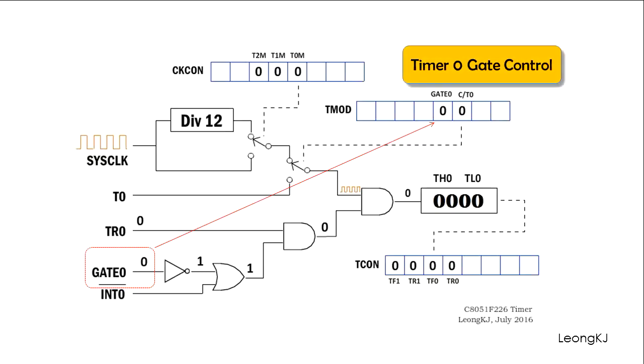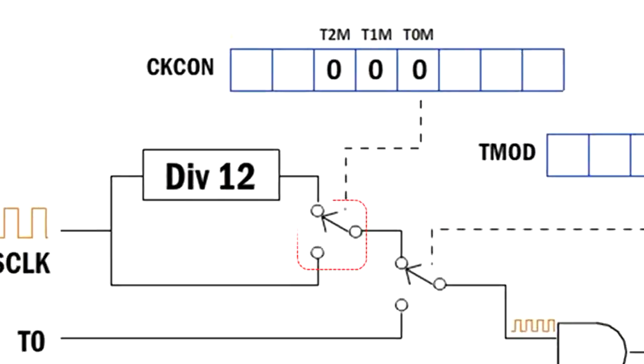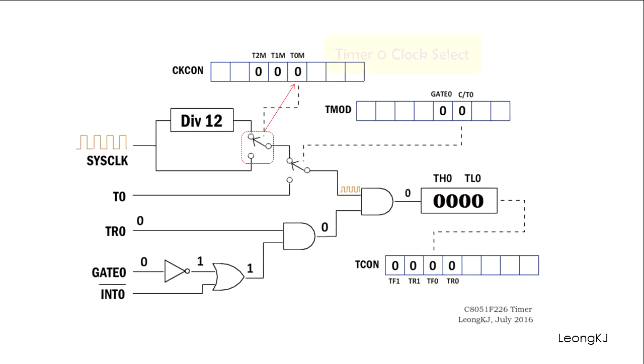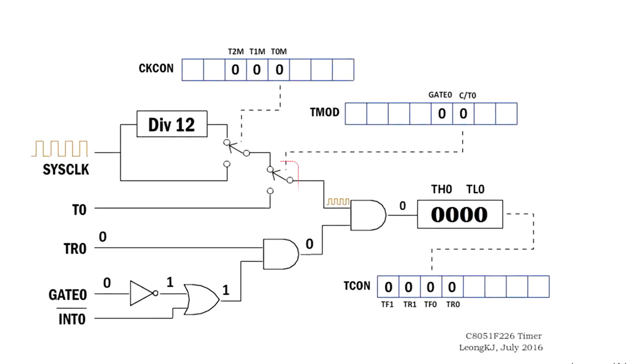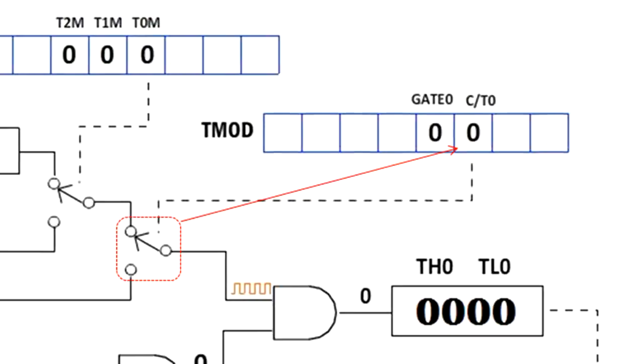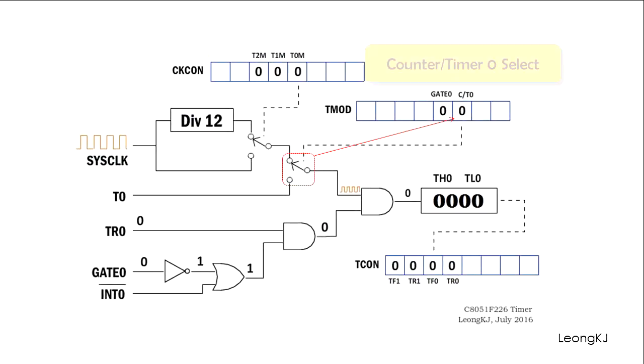This bit is called the timer 0 gate control bit. This double throw switch is controlled by this bit in the CKCON register. This bit is called the timer 0 select. This double throw switch is controlled by this bit in the TMOD register. This bit is called the counter/timer 0 select bit.